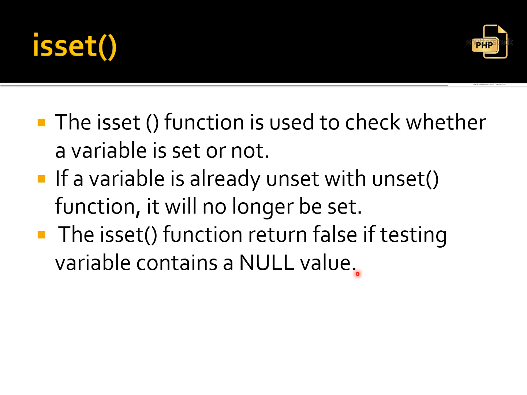Now suppose I use unset of variable A. The value 10 assigned to variable A is deleted, so variable A has no value at present and is treated as the null data type. If you use the isset function with variable A again, it produces a false value.